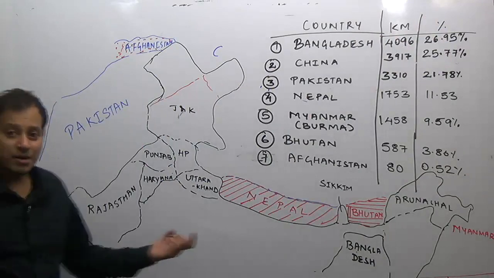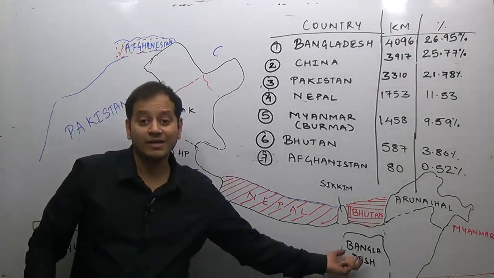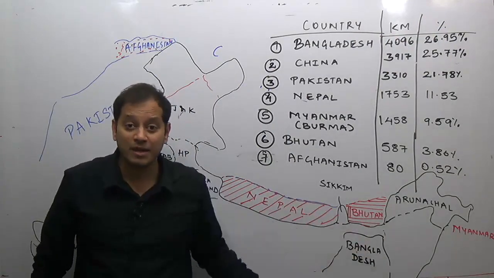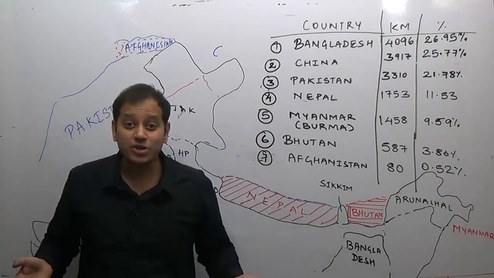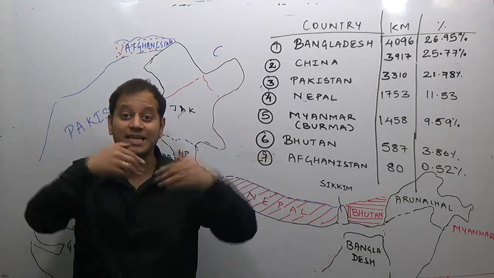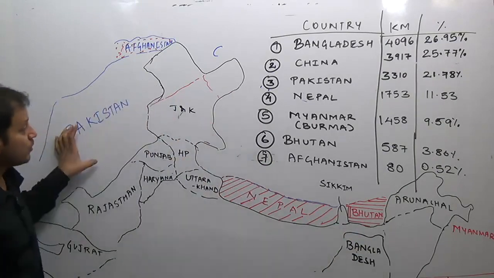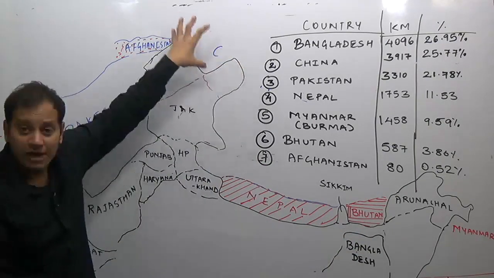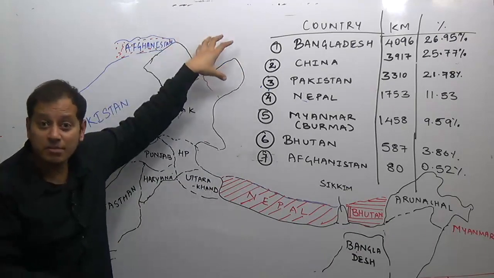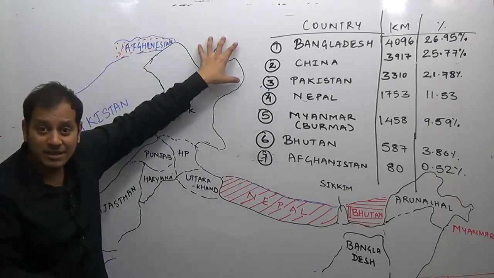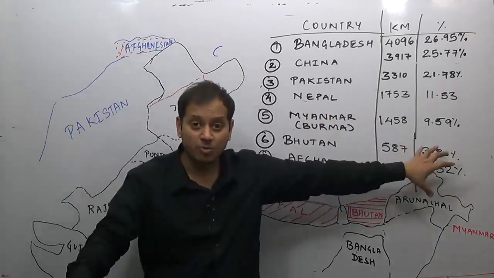The largest land boundary we share is with Bangladesh. We will study the states along the Bangladesh boundary. Why is the Bangladesh boundary important? Your current affairs, the exchange of territories between India and Bangladesh. The next is with China. With China we have one of the biggest boundaries, right from the Tibet region to the Arunachal Pradesh border.